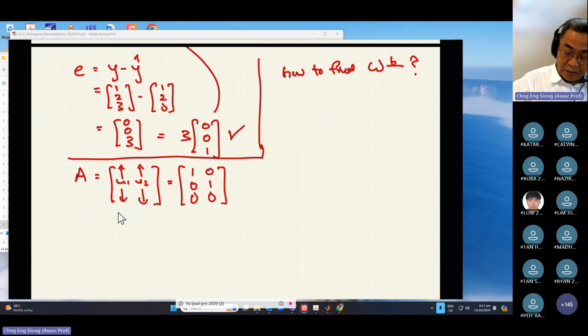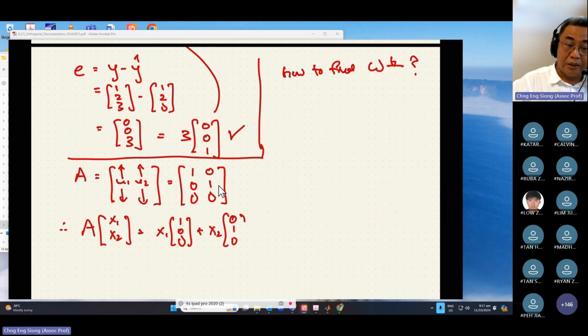Therefore, linear combinations of this is simply A times x1, x2, and therefore is x1 times 1, 0, 0 plus x2 times 0, 1, 0. Okay, so you see that A times x actually generates any point in the space of W if u1 and u2 are the basis.